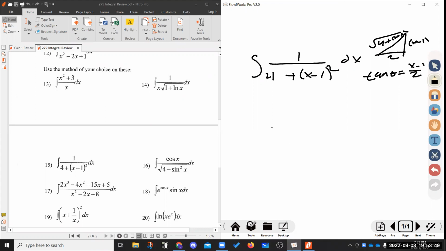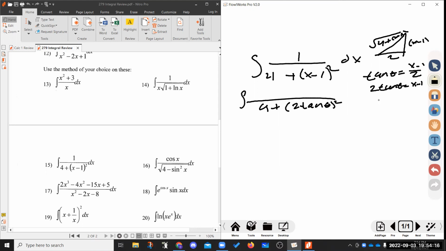So let me just work it out here. So this is 2 tan theta is equal to x minus 1. That'll give me an identity in the bottom in just a second.